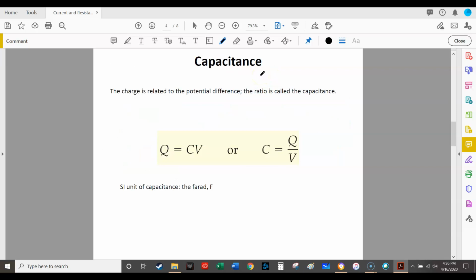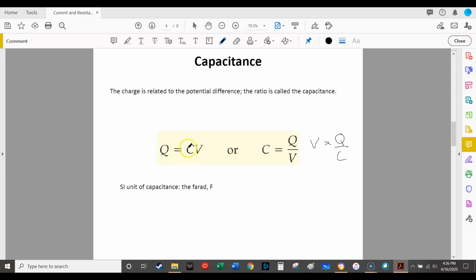We're going to be dealing with Q equals capacitance times voltage, or you could also say capacitance is equal to charge over voltage. And another thing you could say is voltage is equal to charge over capacitance.